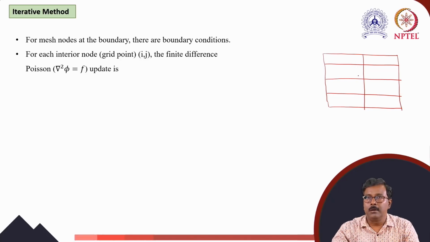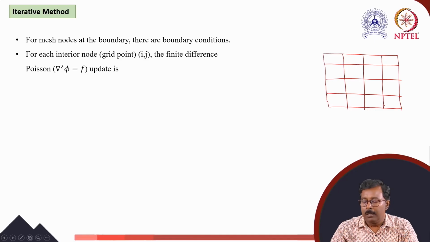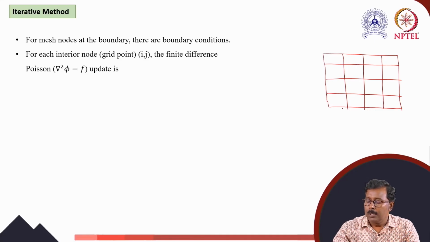Although the figure is not actually to scale, you consider the distance between node points along the x-axis and along the y-axis both equal, and also the values of delta x from one node to the next node are equal. So these are the nodes at the boundaries.